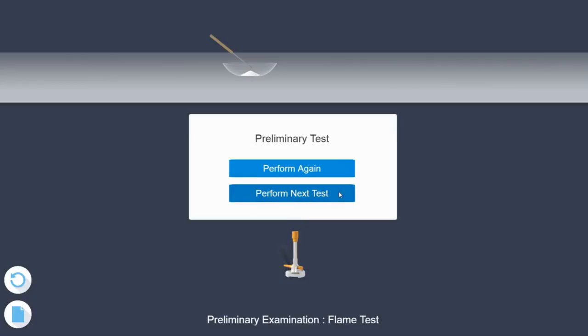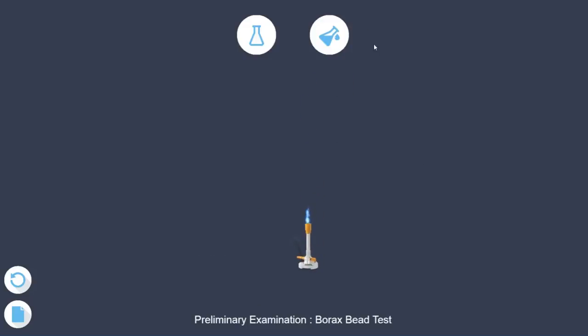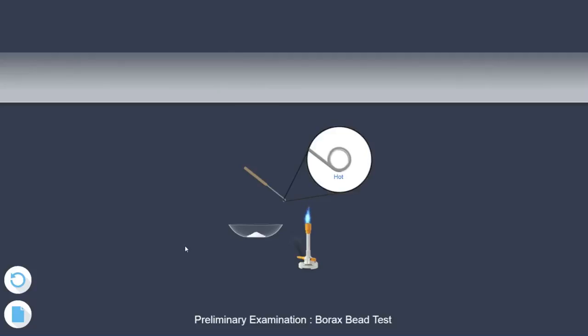Perform the borax bead test. Take the borax bead loop dipped in dry salt and heat it. Observe the color imparted to the bead in the oxidizing flame as well as in the reducing flame while it is hot and when it cools.